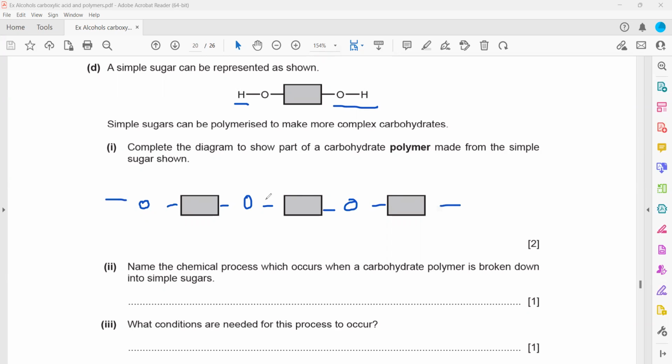So if you start with O, at the end there should be no O. If you start without oxygen, then you will end at oxygen. So two things are different, keep this in mind. Because in a polymer, when a water molecule is eliminated, we only get one from one box.